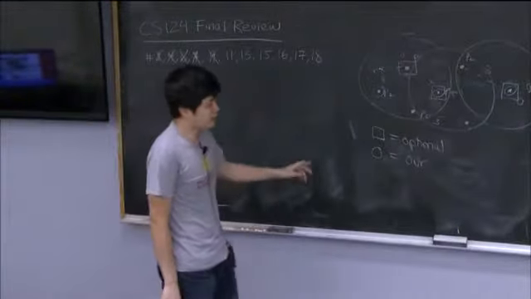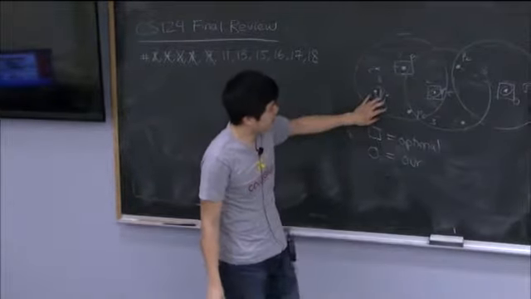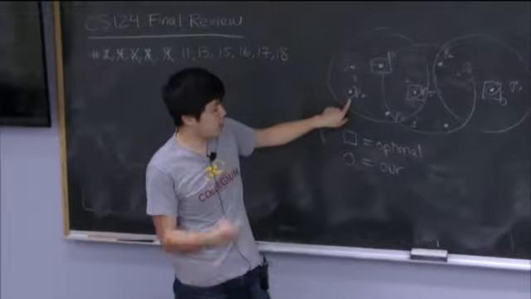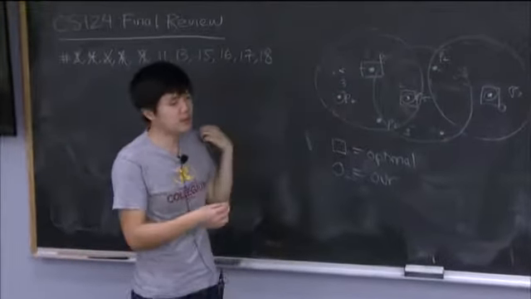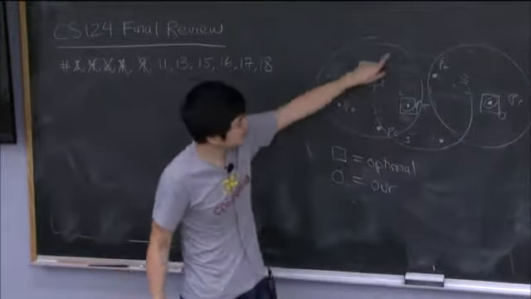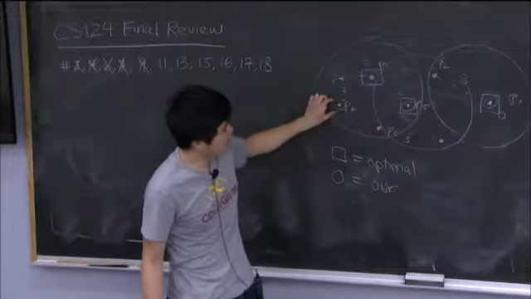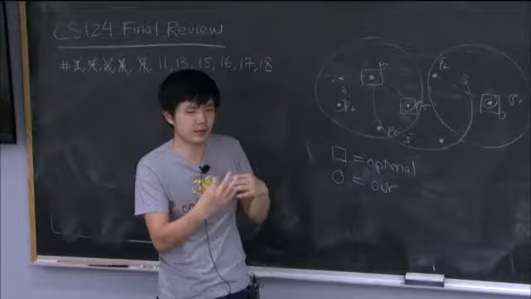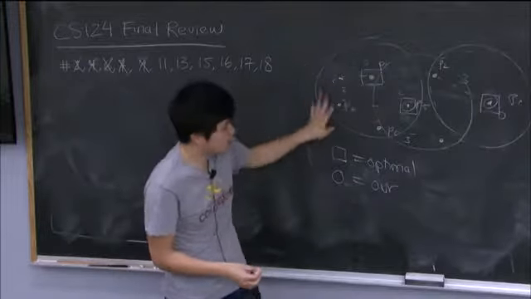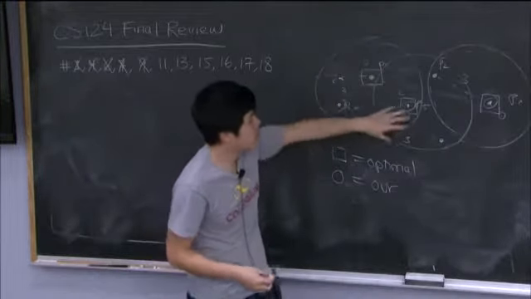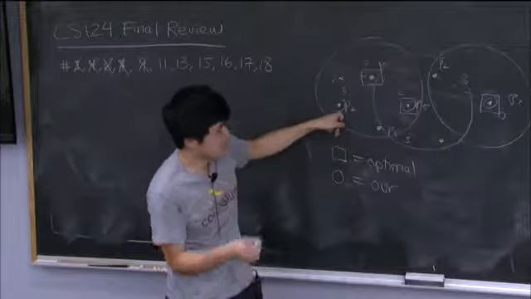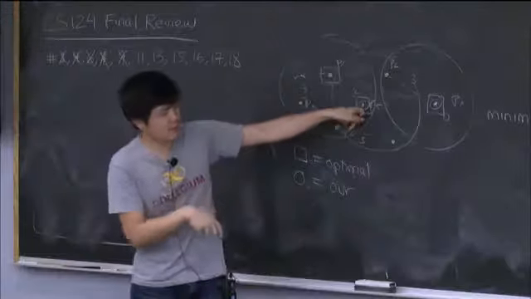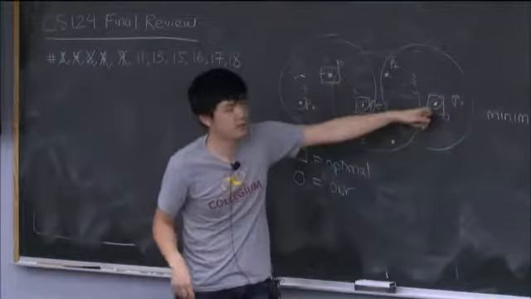In this case, every circle has exactly one of our points in it. I can create a bijection between the circles and the points that I pick. Here's a circle, here's a point that's inside that circle that I picked. Here's another circle, and a point inside it that I picked, and here's a third circle, and a point inside it that I picked.